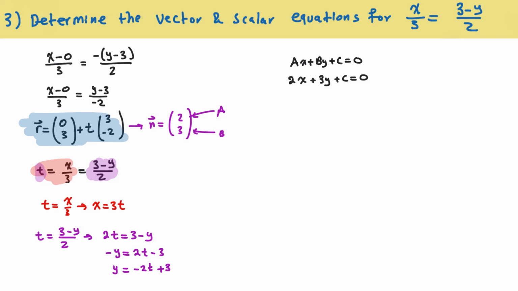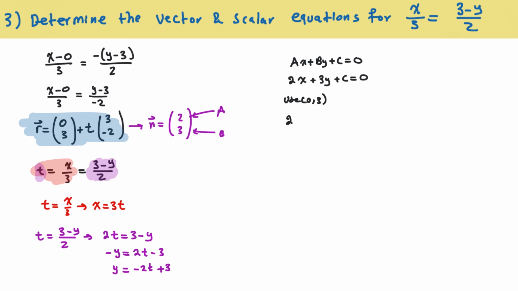Now we need the c value. To find the c value, we need a point on the line. Well, we have that. We got 0 and 3 on the line, so we are going to use the point 0, 3, and we're going to plug that in.